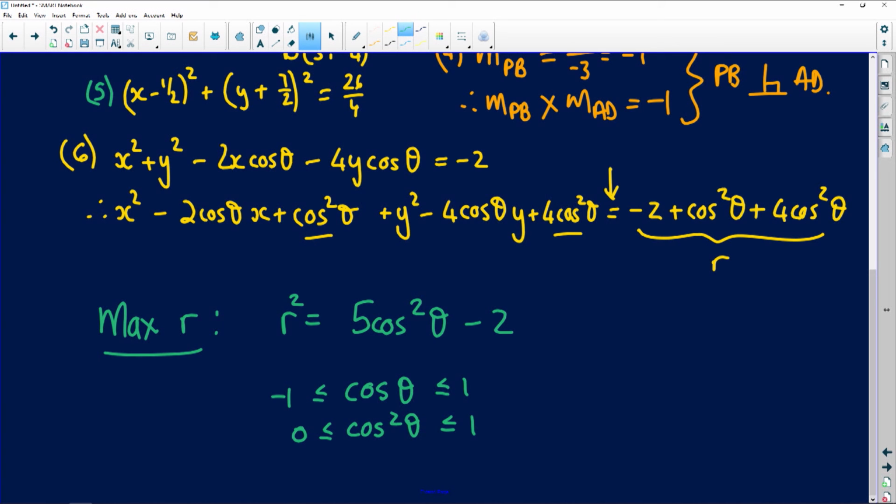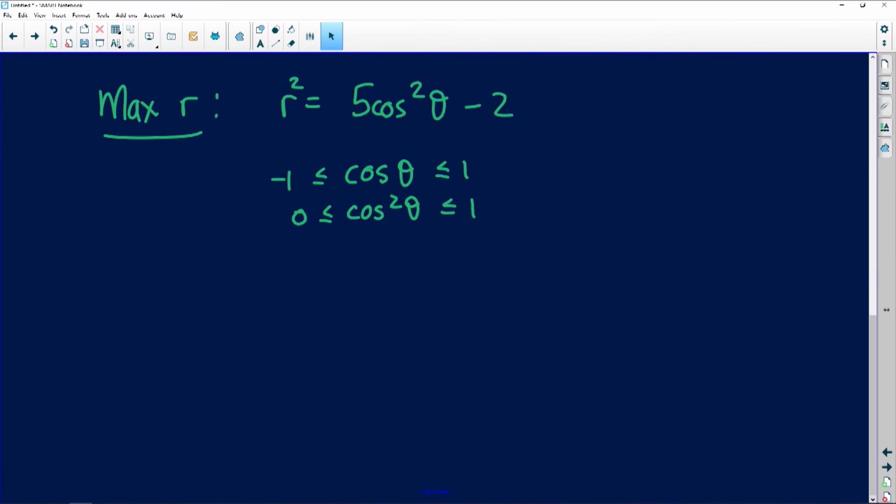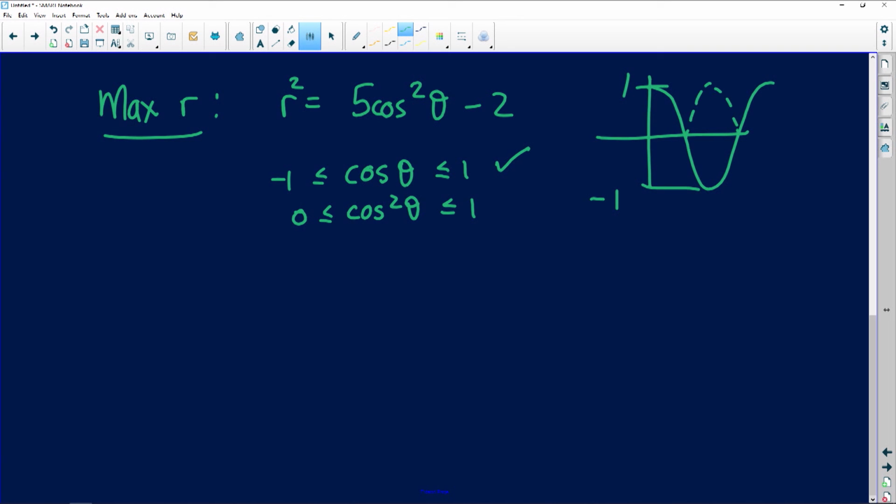Okay, so there's 2 more steps left. Now, I've started with something that I know. I know that my cosine graph goes from 1 to minus 1. That's where I started. Then I squared it, so that went to the top. So I'm talking about that thing that has a minimum of 0 and a maximum of 1. But I didn't want just cos squared. I wanted 5 cos squared.